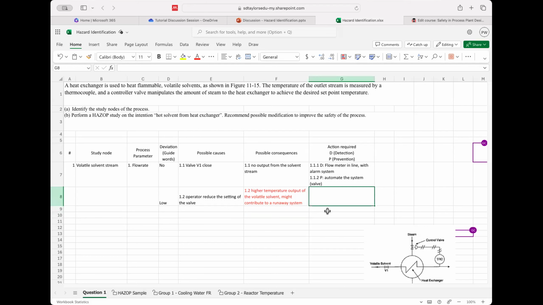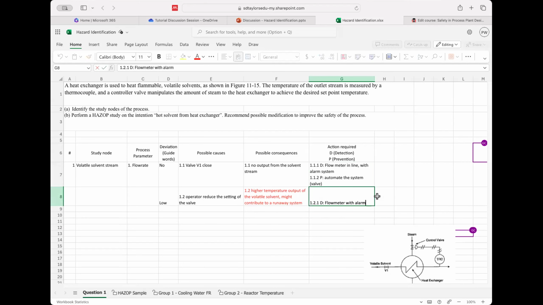Okay, so over here, the detection will always be first: the flow meter in line with an alarm system. But here we also have a prevention. So this is 1.2. Detection: flow meter with alarm.